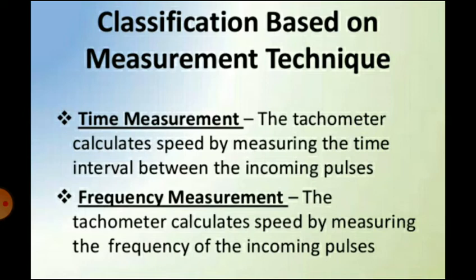The biggest advantage of digital methods is that no direct physical contact is required with the shaft whose speed is to be measured. There is no physical contact between the tachometer and the shaft. Therefore, no load is imposed upon the shaft by the measuring device.